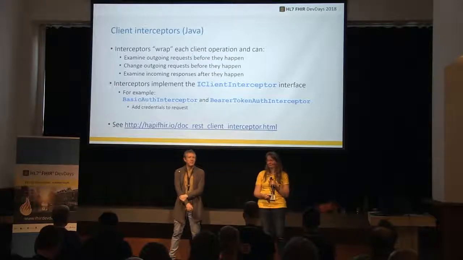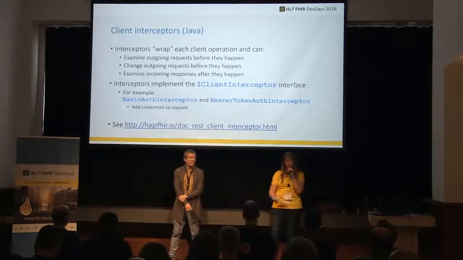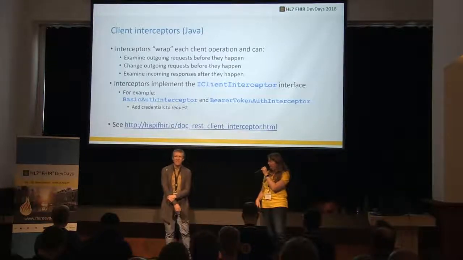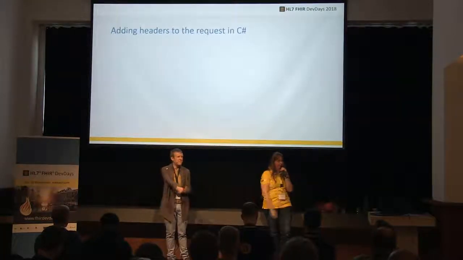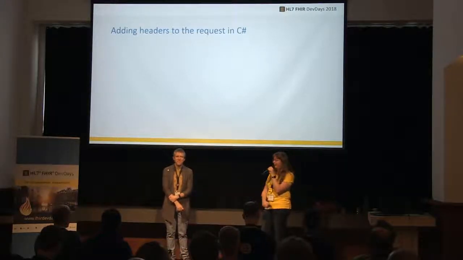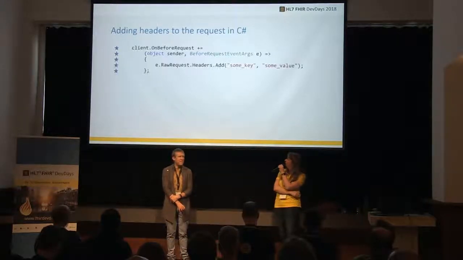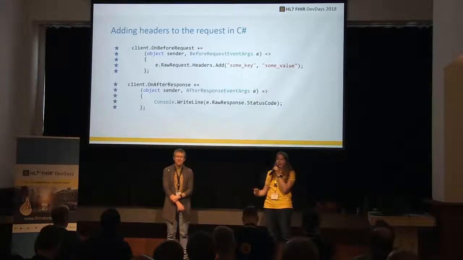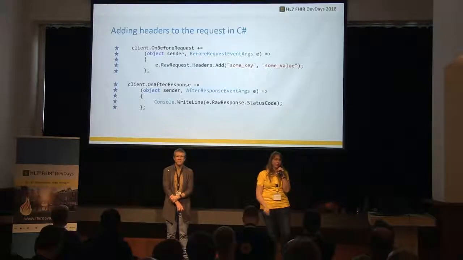Yeah, so this example is about the auth interceptor, where you can fill in the authorization headers and things like that. If you want to do that in C#, you'll have to make use of the events that are available to you. So I have this example where we use the onBeforeRequest event, adding extra headers to each request you send out.